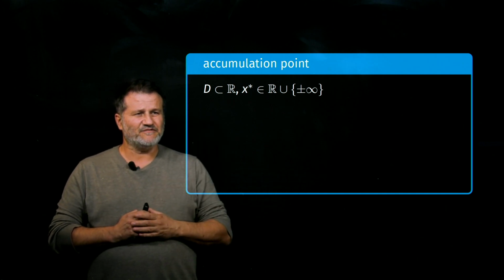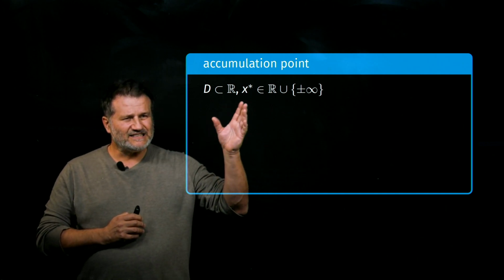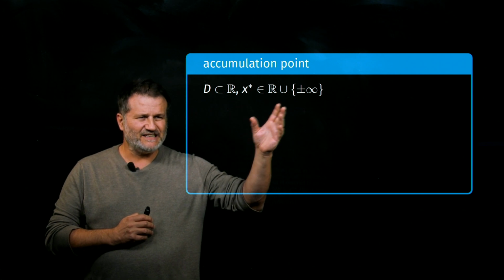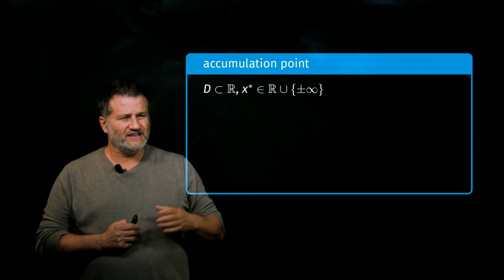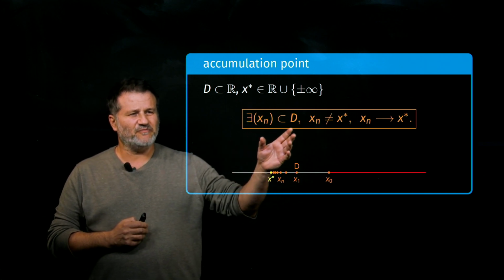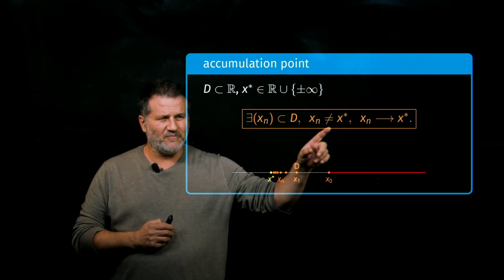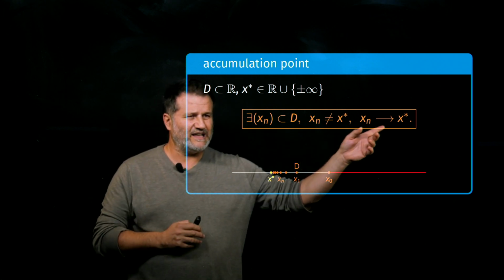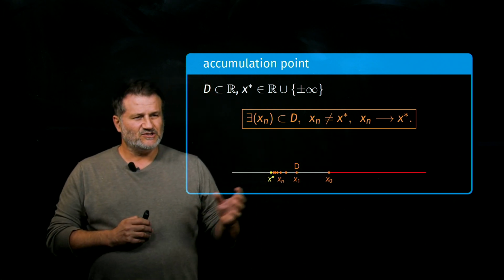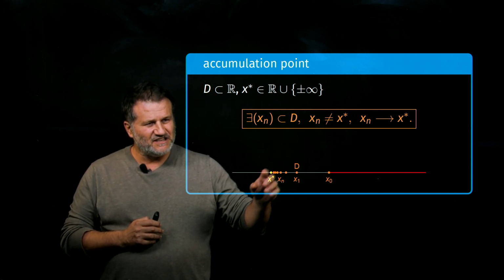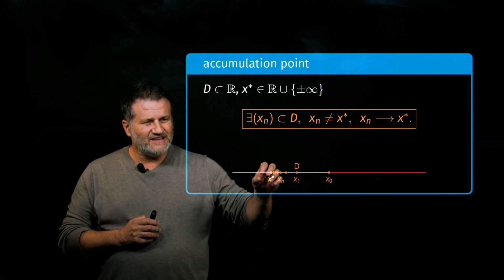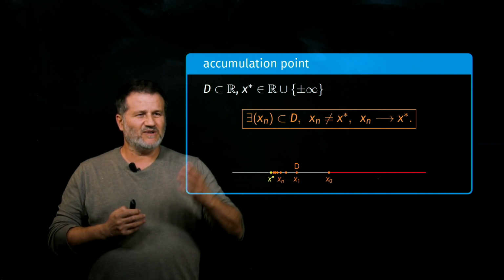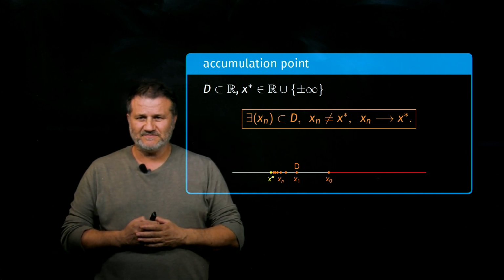Let D be a set of real numbers, and x star, either a finite number or plus or minus infinity, is an accumulation point for D if there exists a sequence of points of D different from the point x star that goes to that point x star. So the idea is that since this sequence is different from x star, these points should be accumulating on the point x star, and that's why we call this an accumulation point.